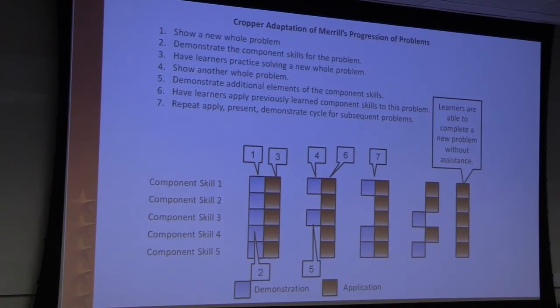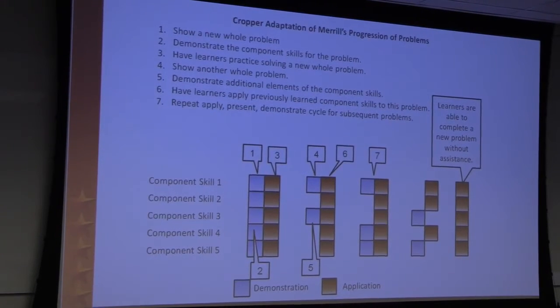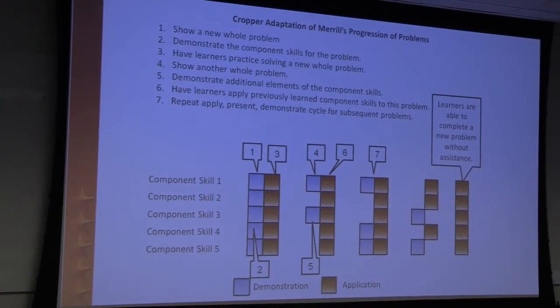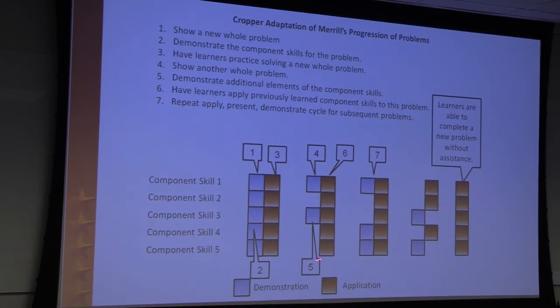Sometimes the tasks are complex enough, or there are variations of the task, that you won't need to provide another scenario or task. And this task may have a couple of new components that you need to demonstrate, and then they can apply again all of the components, including the new components.